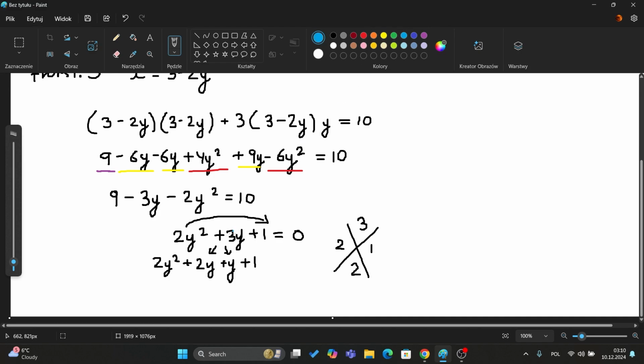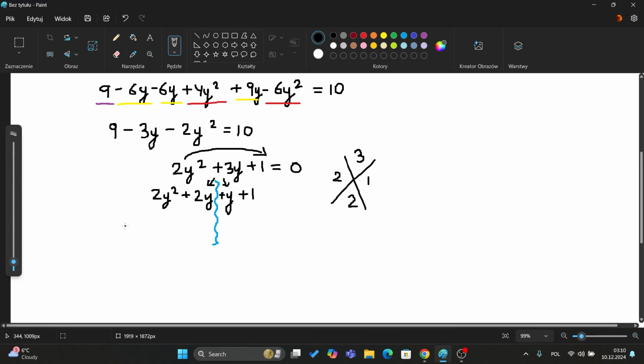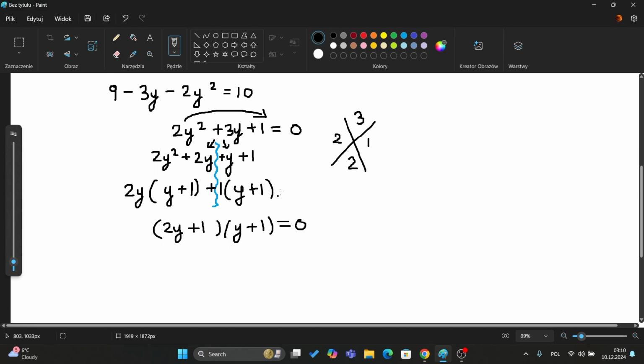Now we're going to split like this, and factorize them separately. So that will be 2y plus 1, and y plus 1. So (2y plus 1)(y plus 1) equal to 0, of course. And so we equate them both to 0.